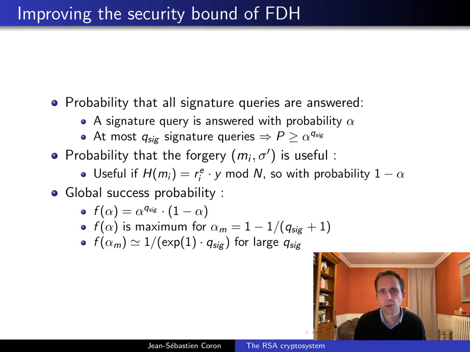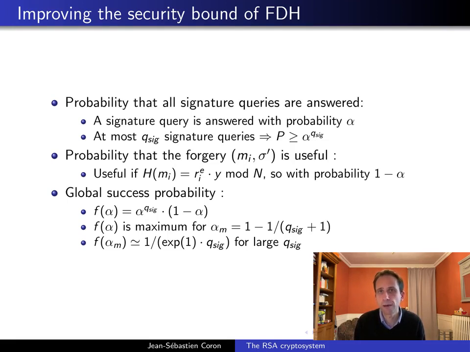And now, what is the probability that the forgery mi sigma prime is useful? It is useful if for the message mi, the hash of mi is equal to ri to e times y modulo n. And this happens with probability 1 minus alpha by definition. So globally, the success probability is the product, alpha to qsig times 1 minus alpha.